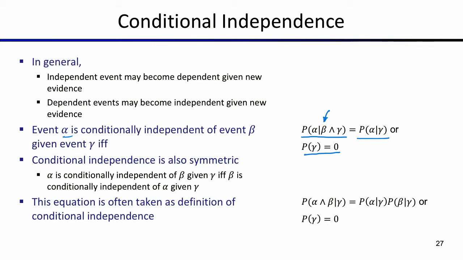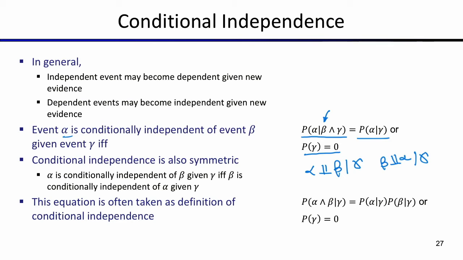So alpha is conditionally independent of beta given gamma if and only if beta is conditionally independent of alpha given gamma. So it's a symmetric relationship.